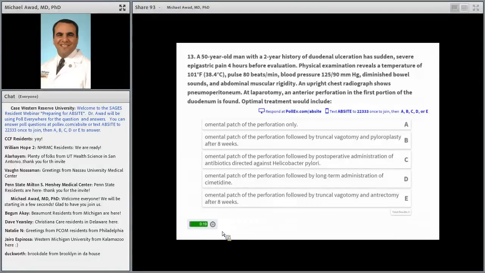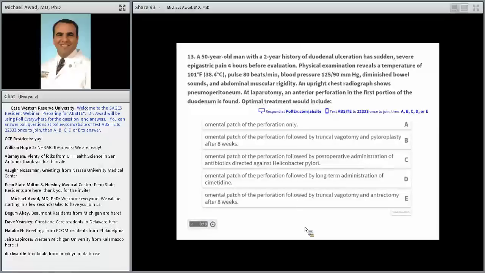All right, number 13. This is about a 50-year-old man who had a 2-year history of a duodenal ulcer and then has severe epigastric pain 4 hours ago. Temperature is 101, heart rate is 80, blood pressure 125/90, and he's got a rigid abdomen. You have pneumoperitoneum on an X-ray. At laparotomy, you find a perforation in the first portion of the duodenum anteriorly.